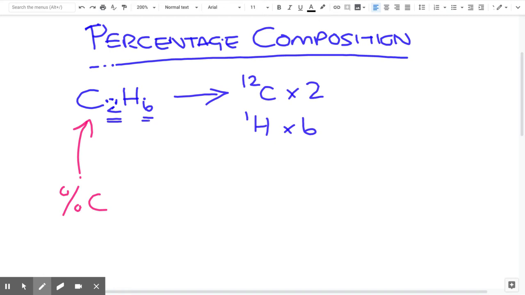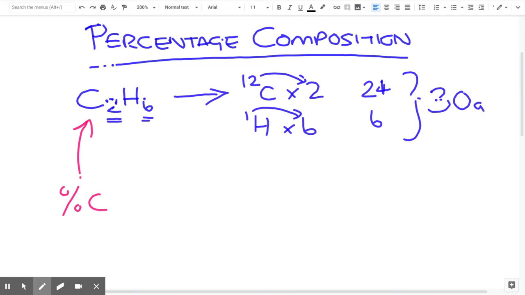As we've started to see, we take the mass number and multiply by the number of the atoms within the compound. That gives us 24 grams because of the carbon contribution, 6 grams because of the hydrogen contribution, and therefore a total mass of 30 grams.